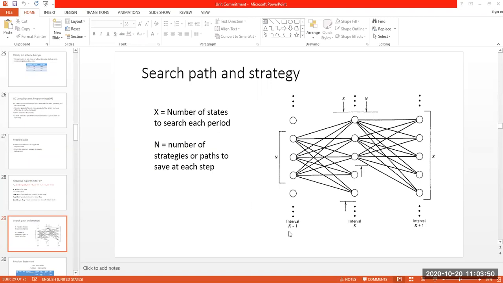Let's say the current instant is K, the previous instant was K minus 1, and the next instant is K plus 1. X means the available states at present, the probable available combinations. All of those are considered within X.